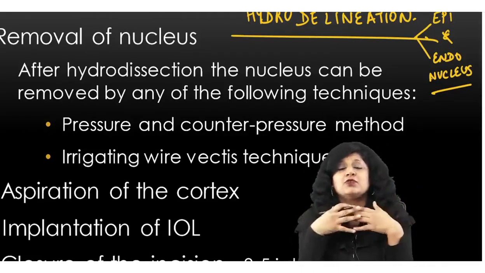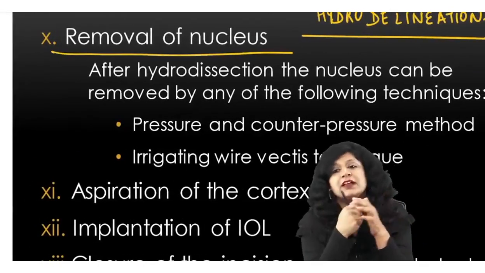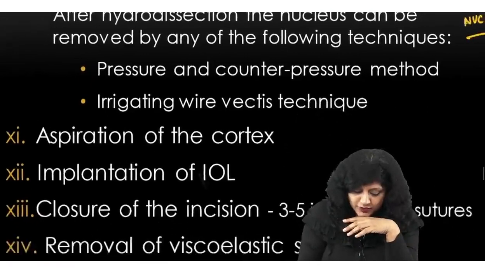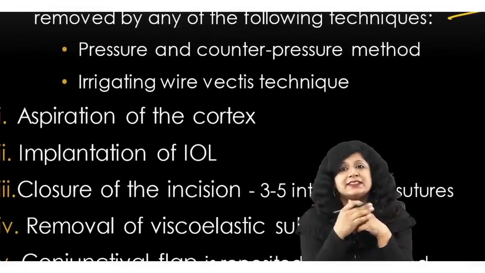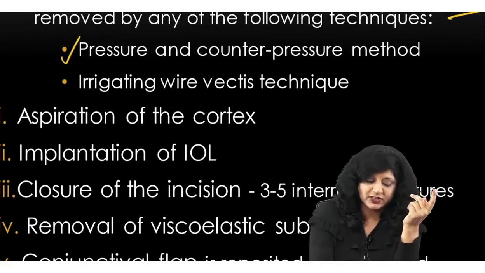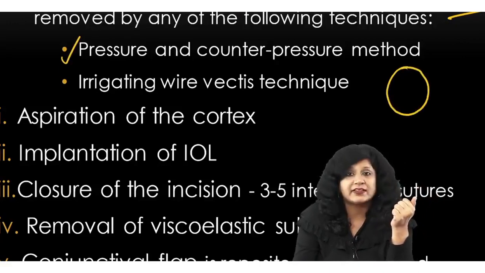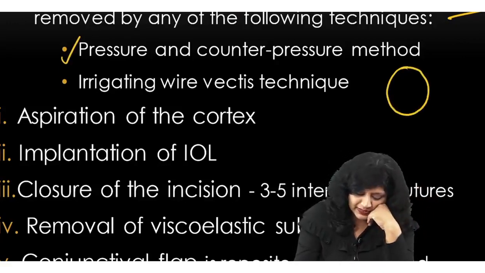Now once you have loosened it out, you have to remove that nucleus. We have different techniques by which you can remove this nucleus. One is the pressure and counter pressure method with the help of the lens hook. Again you have to look at the instruments, I have taken that separately.